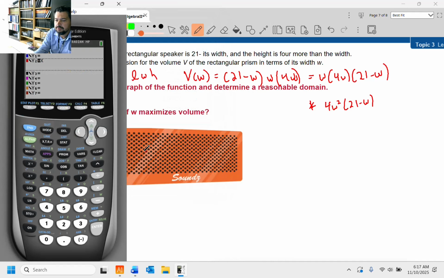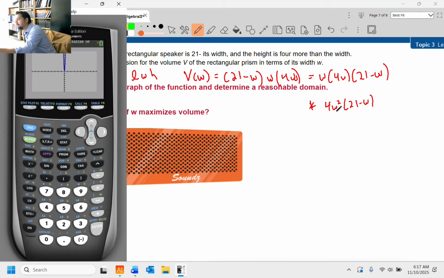I don't need to be in y2. We've got an x times a 4x, and then times a 21 minus an x. Now, we're going to do a Zoom 6, but it's going to be completely useless to you. I do want to talk about this thing.